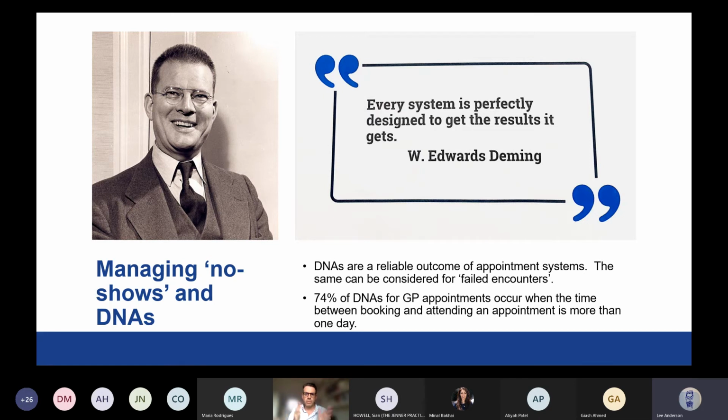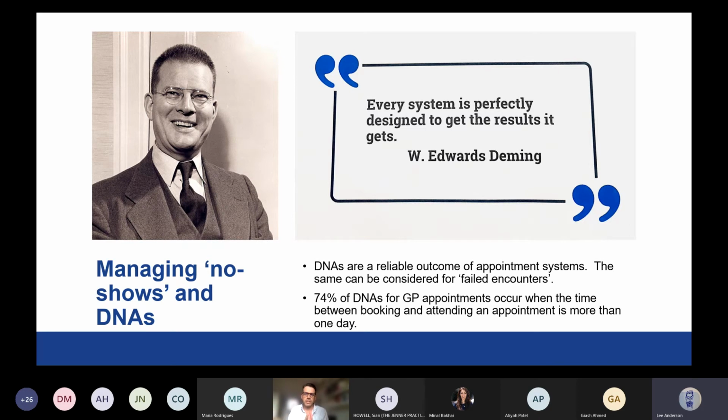So about three quarters of DNAs occur when the time between booking and attending an appointment is more than one day. And practices that changed their appointment booking time radically changed their DNA rates, and it stayed like that for a long period of time.